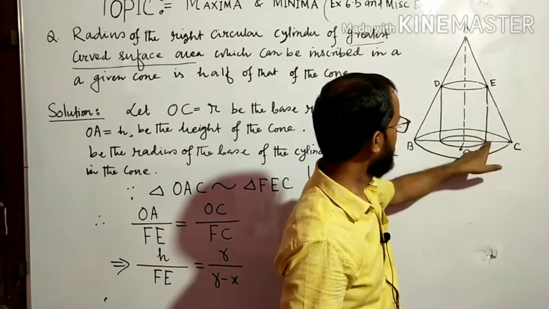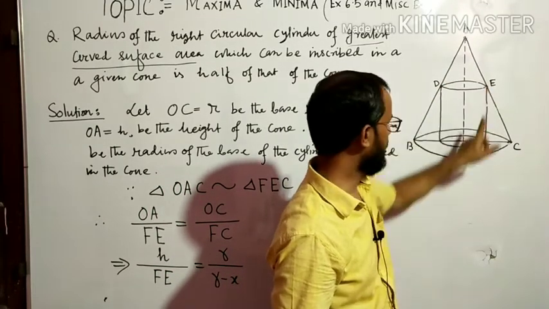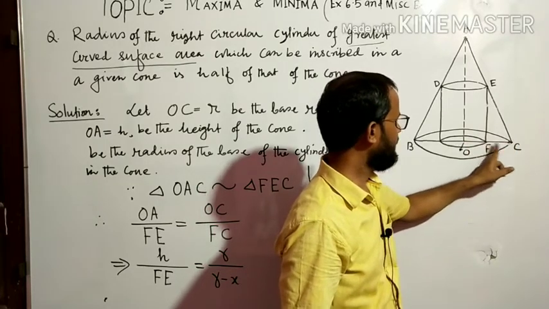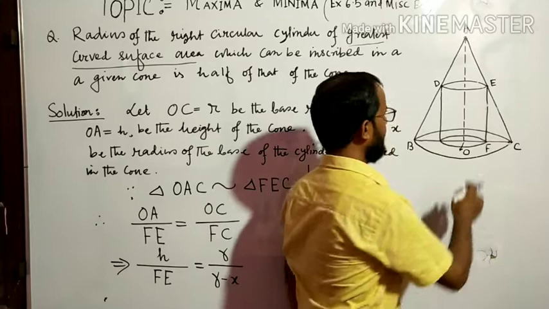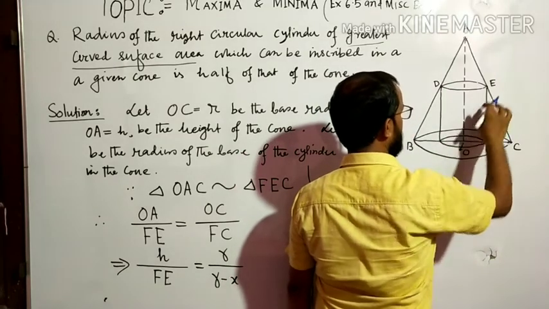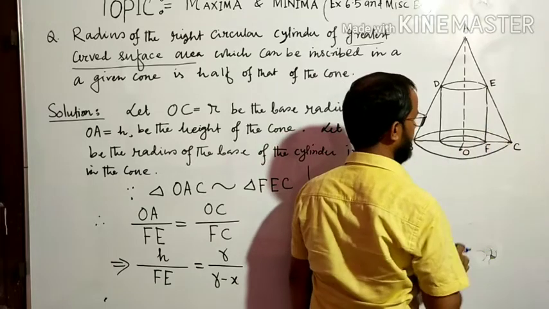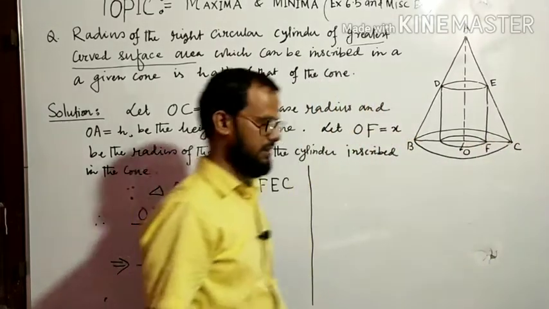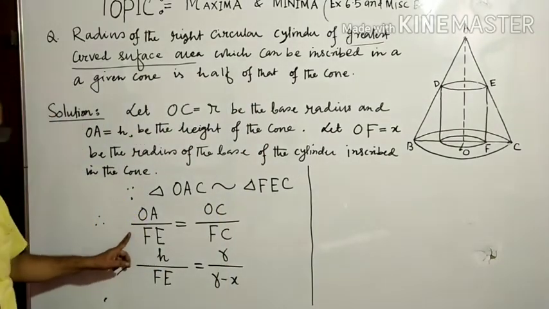OA divided by FE is equal to OC divided by FC. From this big triangle, OA is in ratio with FE, and OC is in ratio with FC. I am writing this property.